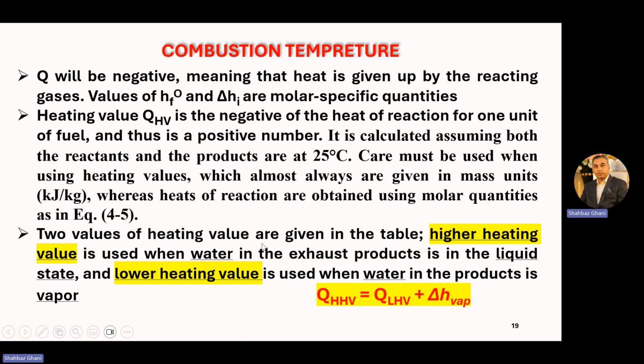Two values of heating values are given in the table. Higher heating value is used when the water in the exhaust product is in liquid state, and lower heating value is used when water in the product is in vapor.